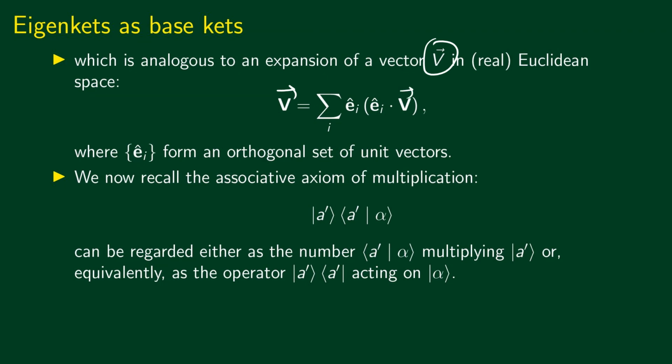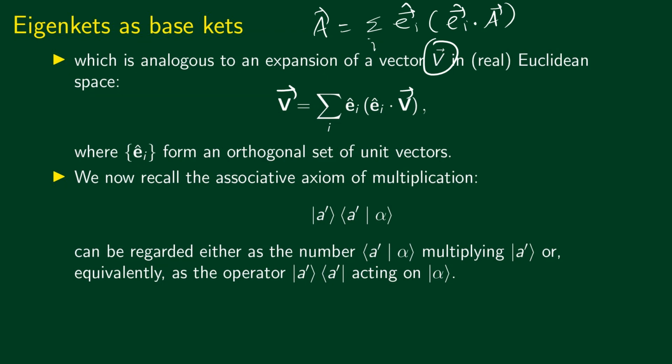We wrote it in terms of A vector in the previous slide: A vector is equal to sum over i, e_i hat dot A vector.